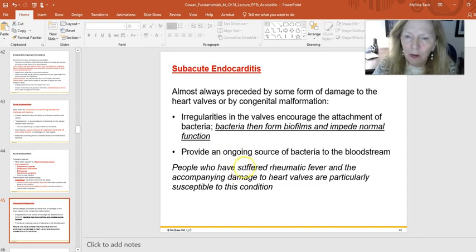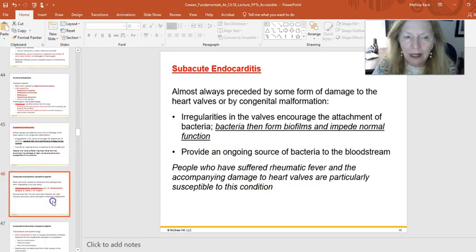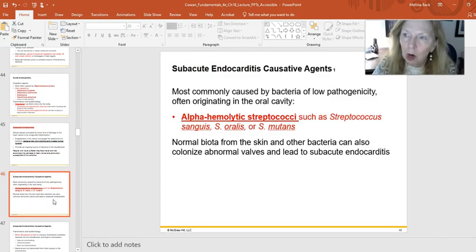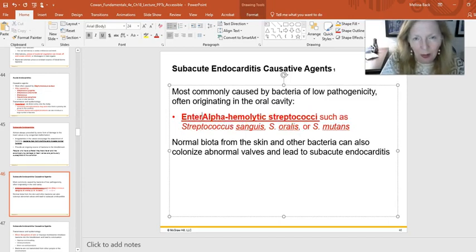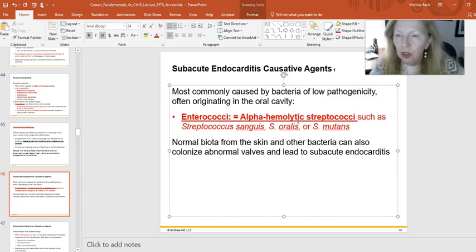So maybe they've had rheumatic fever as a child, or some sort of situation like that, where we see that they're the ones that are going to be the most at risk for subacute. This is often from a group of bacteria we call Enterococci. These Enterococci, I should actually really label that for you. Enterococci, which are equal to alpha hemolytic strep.